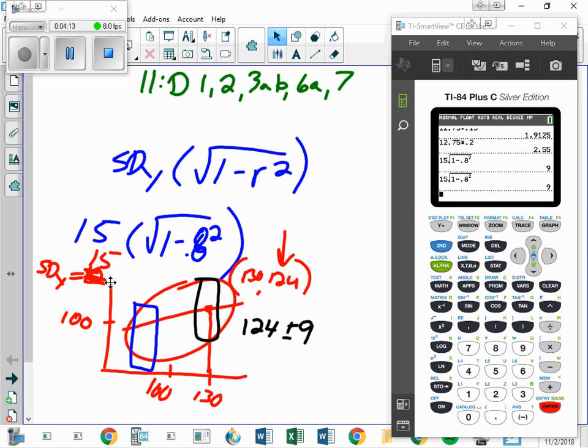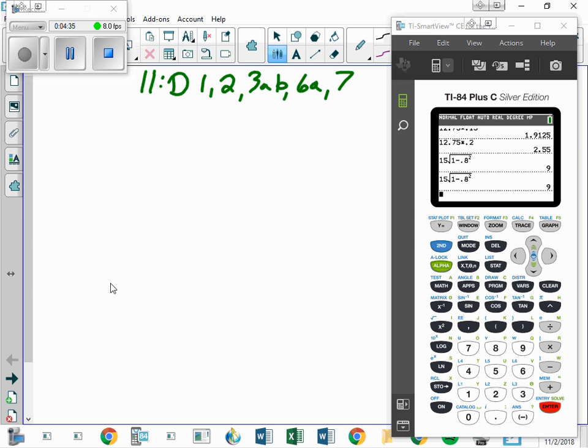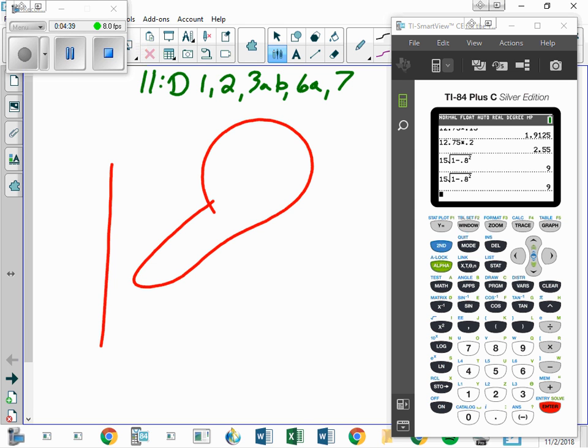C. Repeat if the scatter diagram looks like 2. What do we do for 2? So I have this, and here's my point of averages.